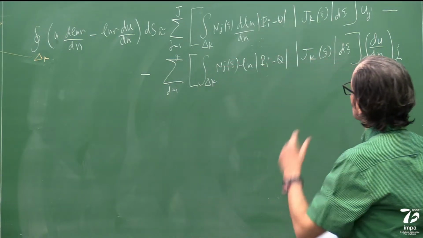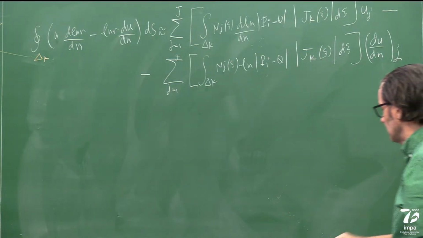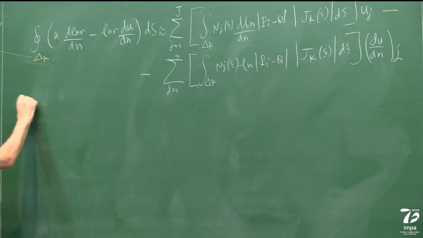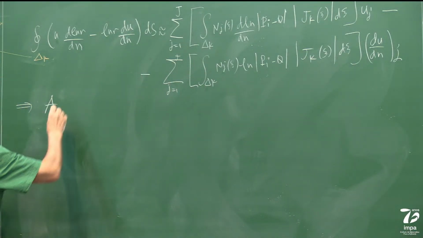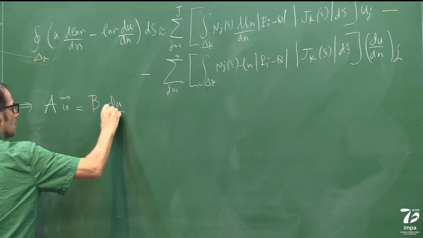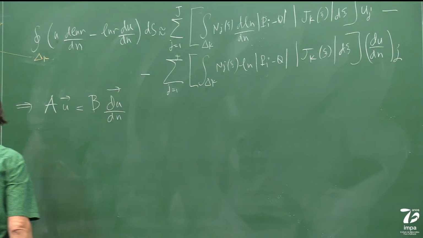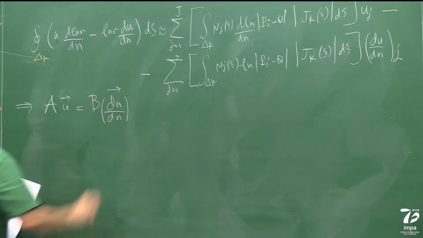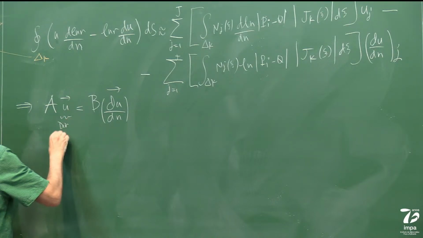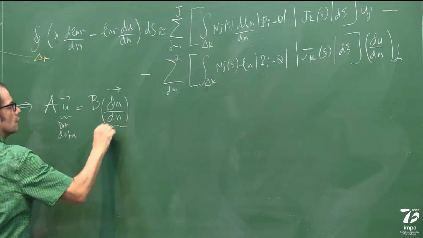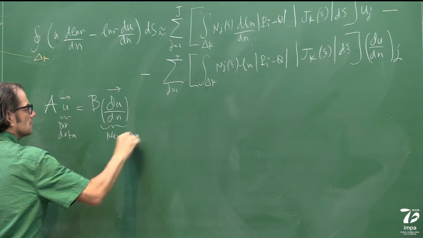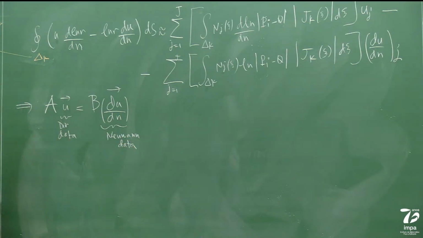Yes. And then look what I'm going to write now. Let me actually write and then do the comment. This will become a u, which means Dirichlet data versus Neumann data.